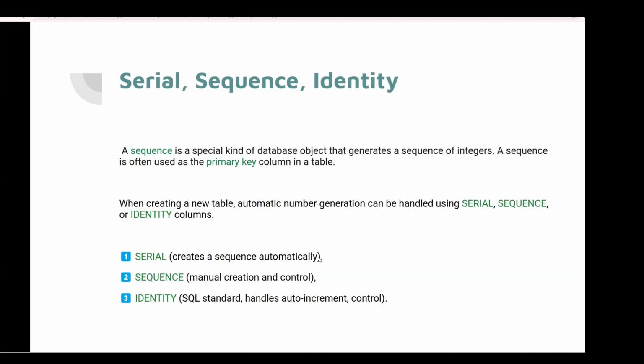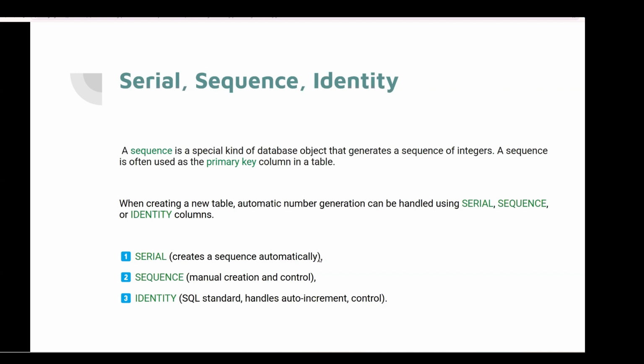And sequence. Even this is used to generate a unique identifier for a primary key in the table. And we can also use sequence to generate unique numbers across tables. So if we want the numbers to be shared between two tables, that's when we use sequence most of the time. We can control from what number the sequence has to start and the incremental value.